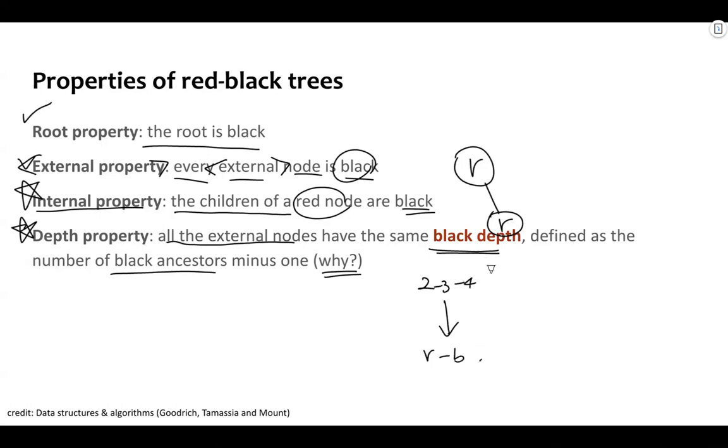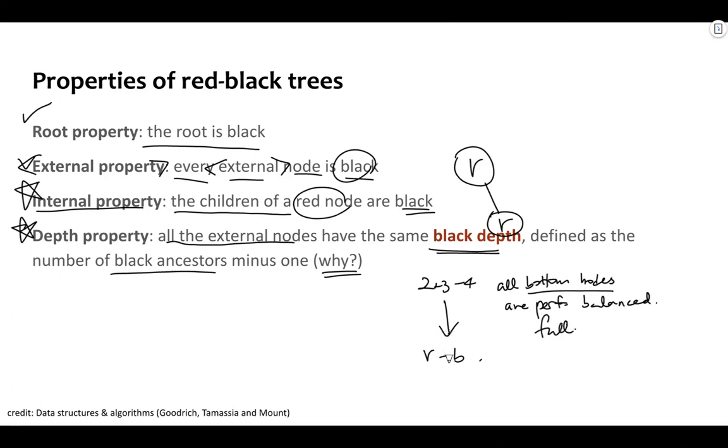And one of the most important properties of 2, 3, 4 trees was that all bottom nodes are perfectly balanced, or full. All bottom nodes are full.